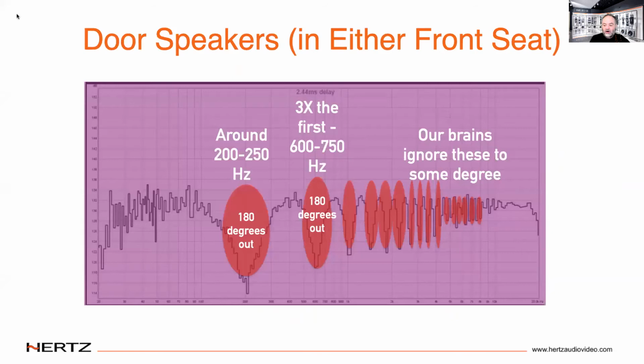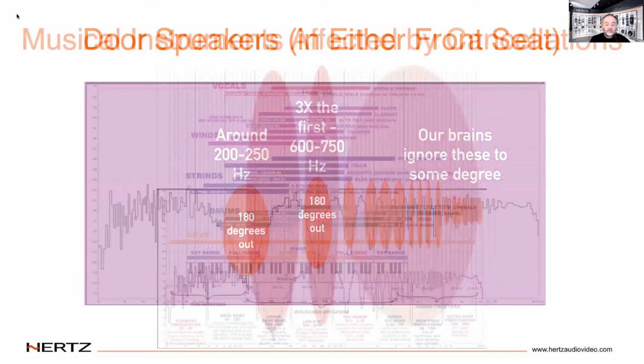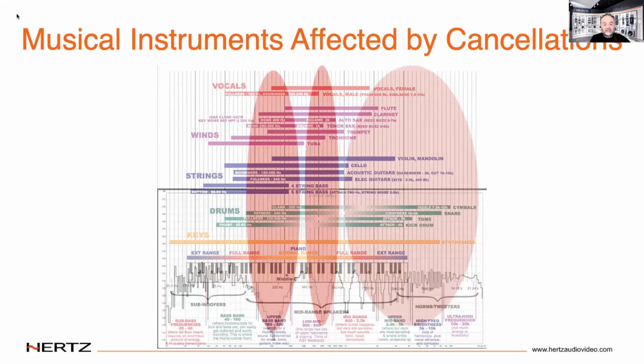These red ovals show the major cancellations. The biggest one is around 200 to 250 hertz, depending on the width of the car. Now, this is a really big deal, partially because we lose a lot of output, and partially because if you look at this chart of musical instruments, you can see every single musical instrument is being affected by this problem.